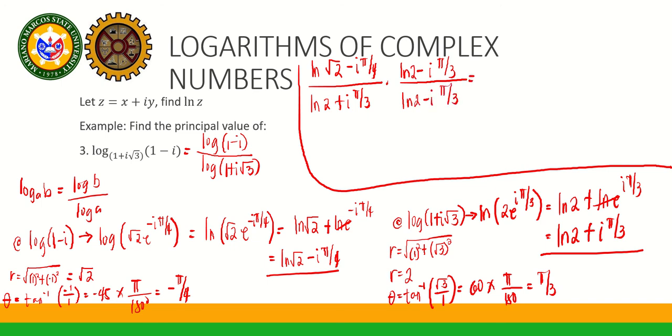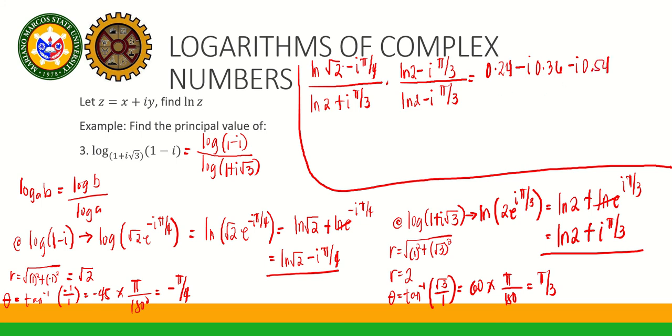So, this will be equal to ln of square root of 2 times ln of 2 is equal to 0.24. And then ln of square root of 2 times negative i pi over 3, that will be equal to negative i 0.36. And then negative i pi over 4 times ln of 2, that will be equal to negative i 0.54.